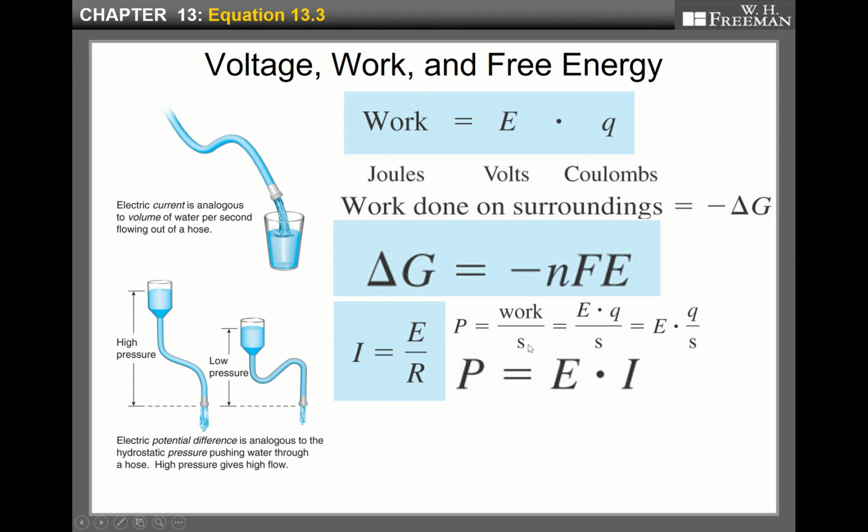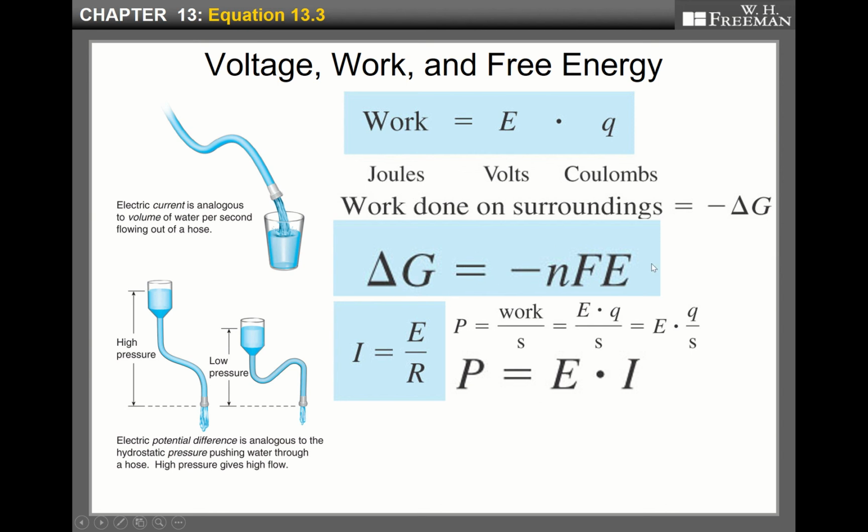But at this moment, you simply accept delta G, Gibbs free energy change, equals minus NFE. So whenever electrochemical work is done, there is a Gibbs free energy change. Why is it so important?